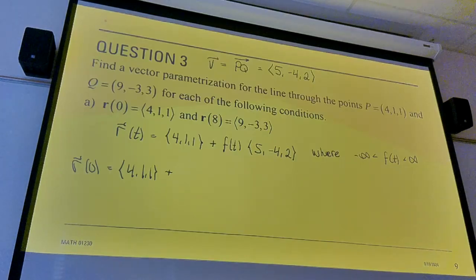Plus something. Zero. What is it? F of zero. F of 0 what?